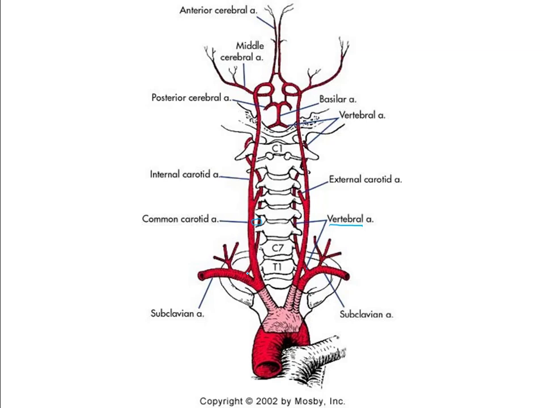But where are they relative to the vertebral bodies? If you wanted them to come in through the foramen magnum, where would you expect them to be? Let's just think. I've got my cord. I've got my vertebral body. If my vessel is next to the vertebrae, where is it relative to the cord? What's between it and the cord?